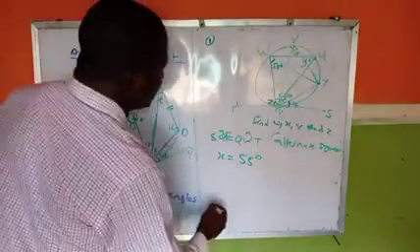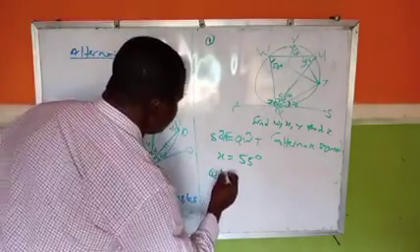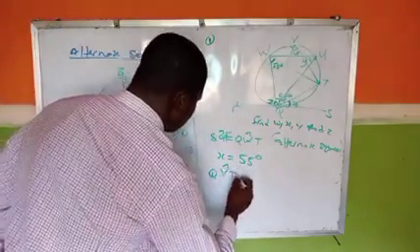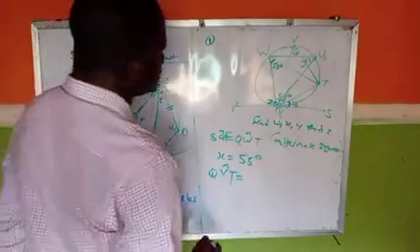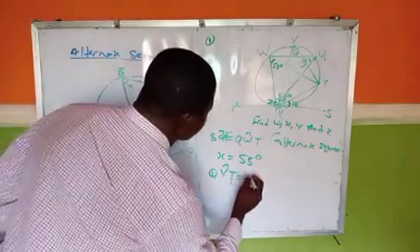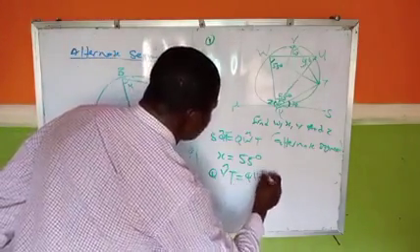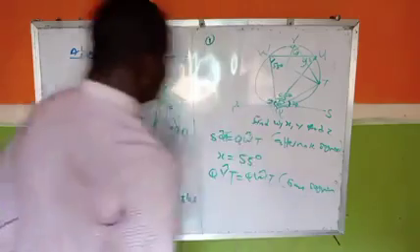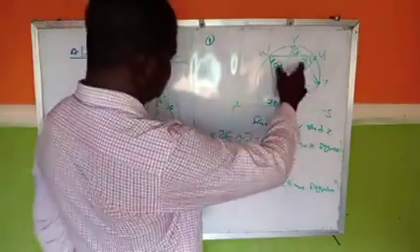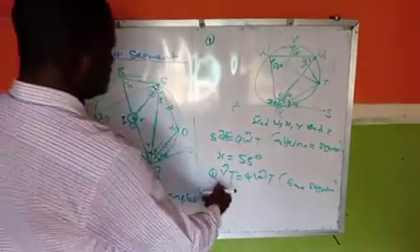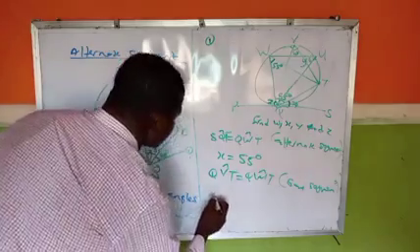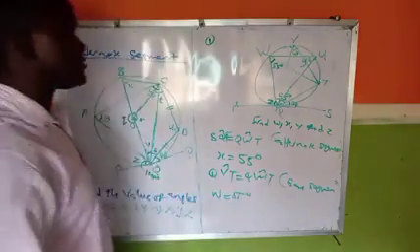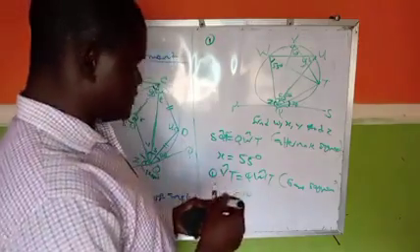So you can equally put it as angle QVT equals angle QWT. See, same segment. That's angle at the same segment. So you have it like that. Therefore, this angle also, QVT, equals 55 degrees. Now you have that one as 55 degrees.